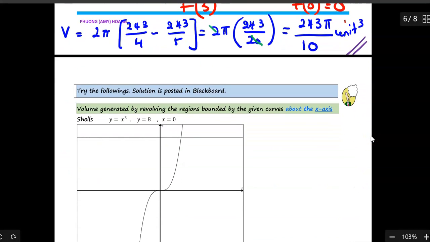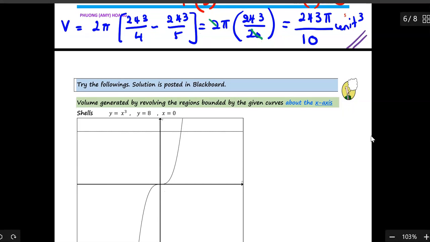I have this exercise for everyone to work with, so I might as well go over this with everyone. I will give you a guide on how to get started. First of all, you have the equation y equal to x to the exponent 3. That is the shape right here. You are working with the boundary of x equal to 0 and y equal to 8. So this is y equal to 8. X equal to 0 is here, which is your y-axis.